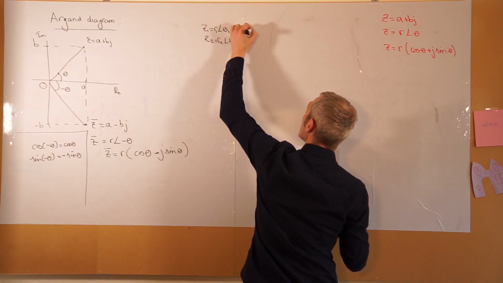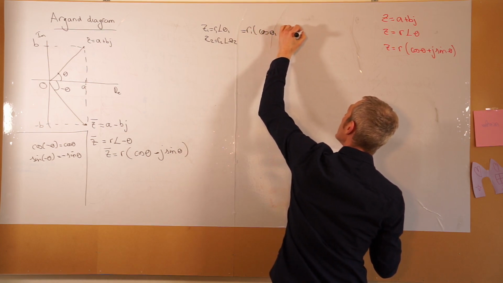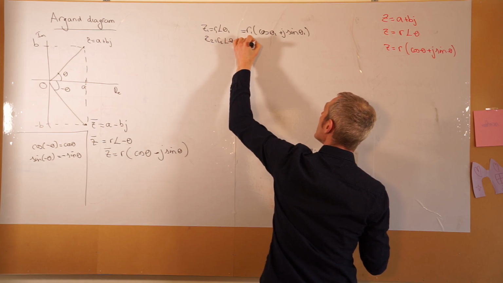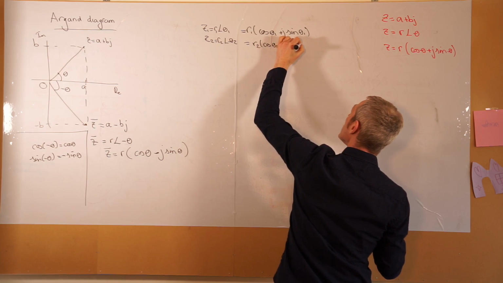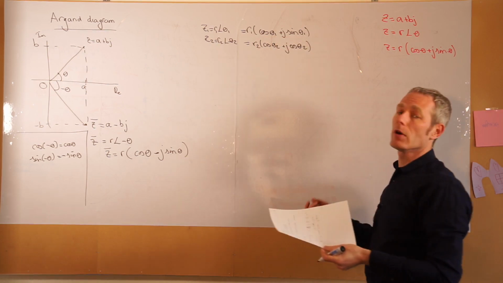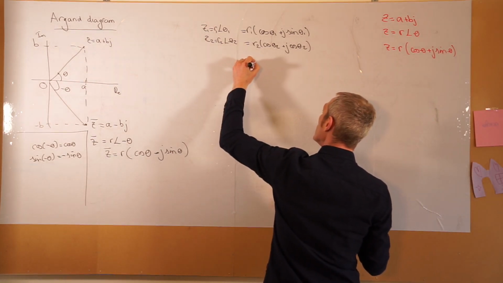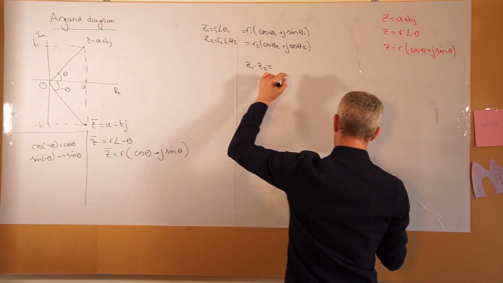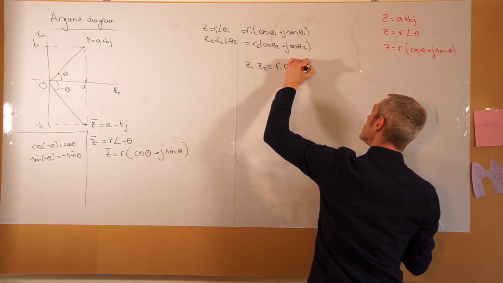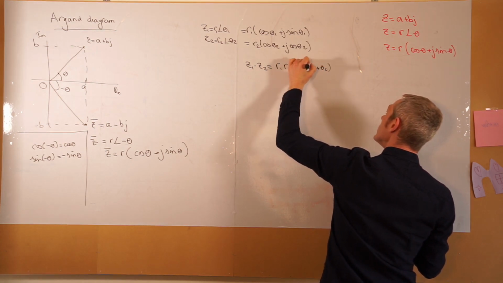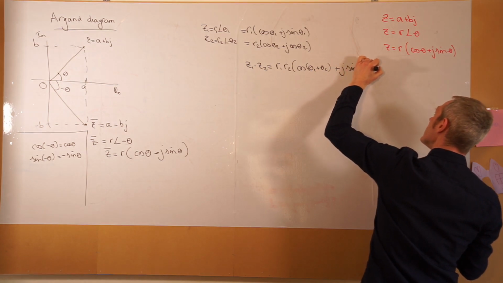also rewrite this as r1 times cosine theta 1 plus j times sine of theta 1, and r2 times cosine of theta 2 plus j times sine of theta 2. If we were to multiply these with each other, we would get z1 times z2 is equal to r1 r2 times cosine of theta 1 plus theta 2 plus j times sine of theta 1 plus theta 2.